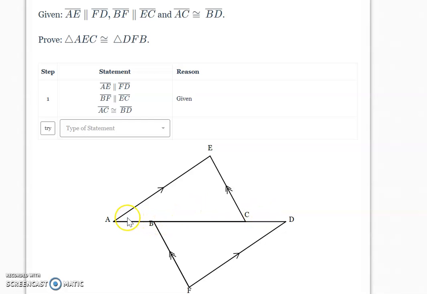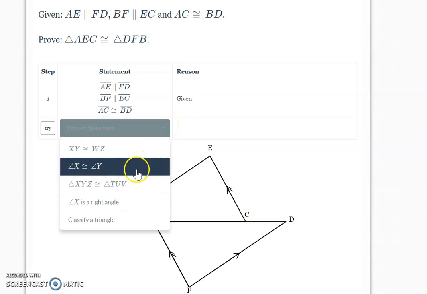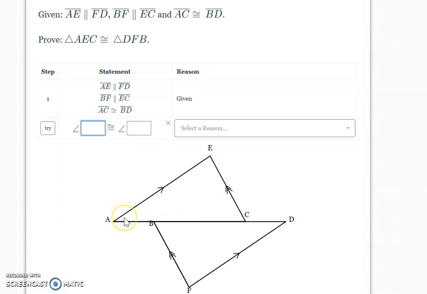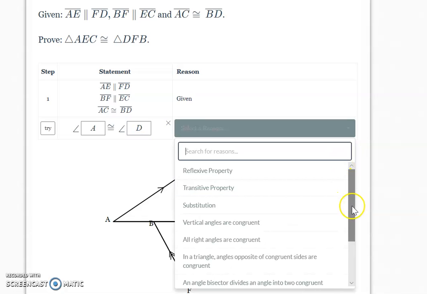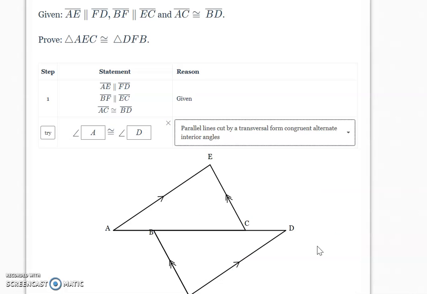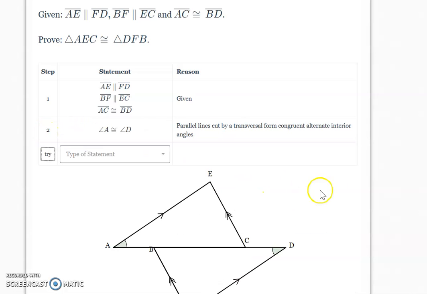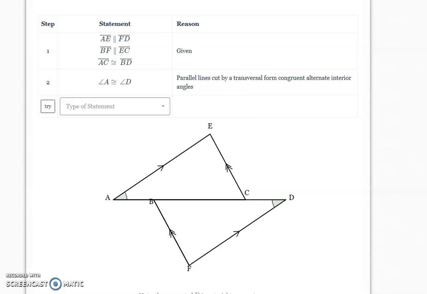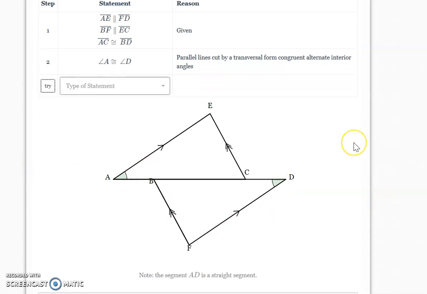So I'm going to start right here. I want angle statements. I can call this angle A because it's the only angle A, and I can call this one angle D, and those are alternate interior angles. Even though they're separated, they are alternate interior angles. So I now know that those two angles are congruent.